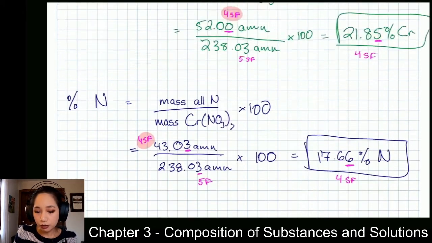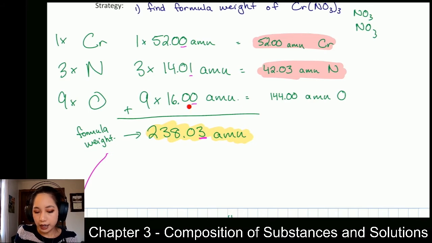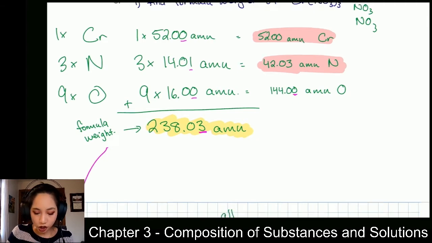144.00. So note here, when I took 9 times 16.00, 9 has an infinite number of sig figs. It's a counting number. So our answer here should end at the same place as what 16.00 has, so to the hundredths place. So 144.00 is the correct number of significant figures for all of the mass of oxygen.